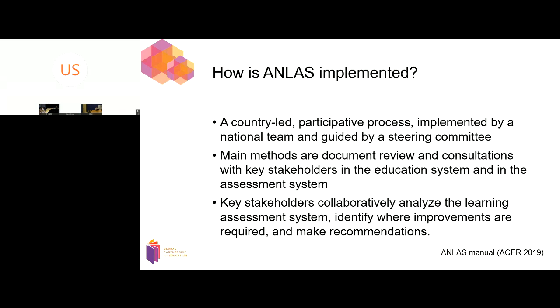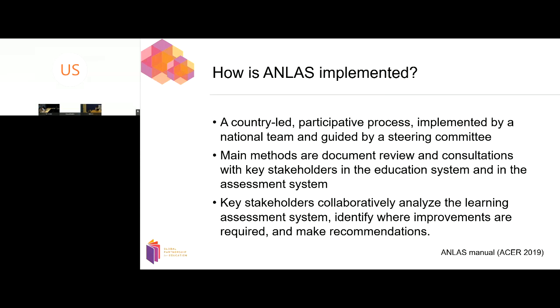So how is ANLAS implemented? ANLAS has been conceptualized as a country-led participative process that is implemented by a national team and guided by a steering committee. The main methods to undertake the analysis are document review and consultations with key stakeholders in the education system and in the assessment system. These key stakeholders collaboratively analyze the learning assessment system, identify where improvements are required, and make recommendations.